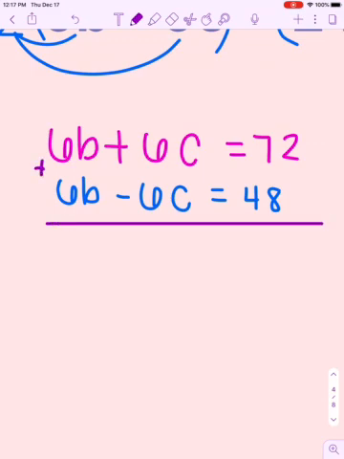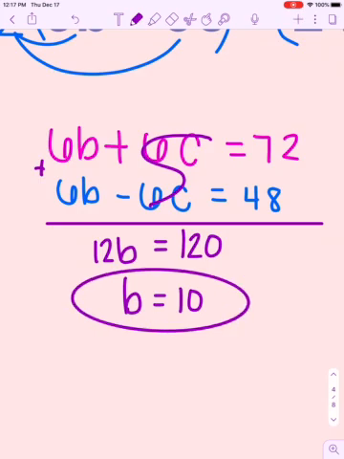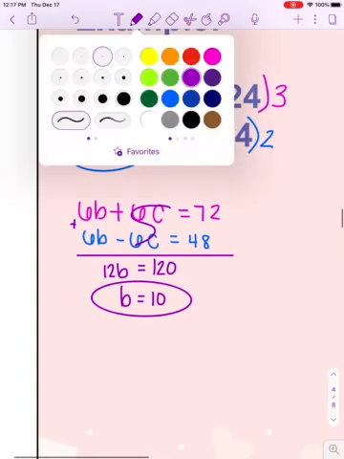Now I have matching numbers and opposite signs with my c's, so I'm going to add them together. So 6b plus 6b is 12b. 6c minus 6c is gone. And 72 plus 48 is 120. So then you're just dividing by 12, and so you get b is 10.